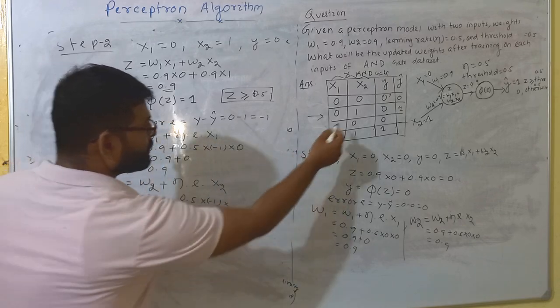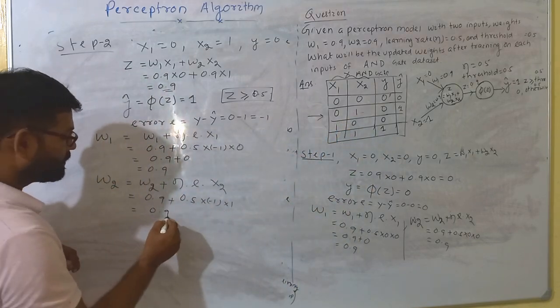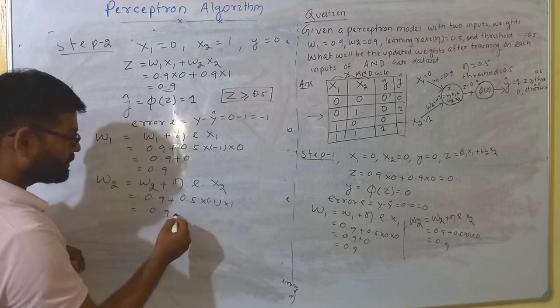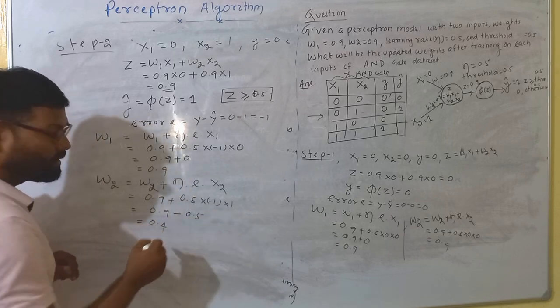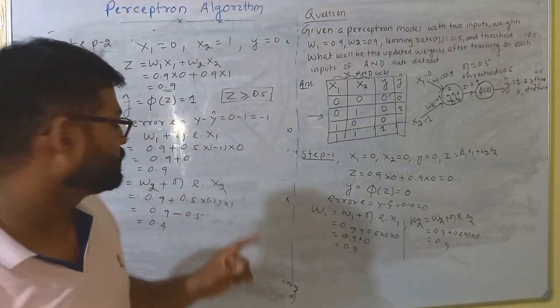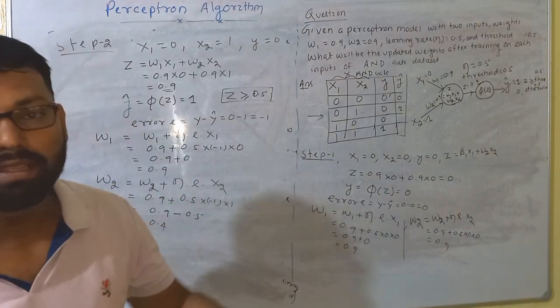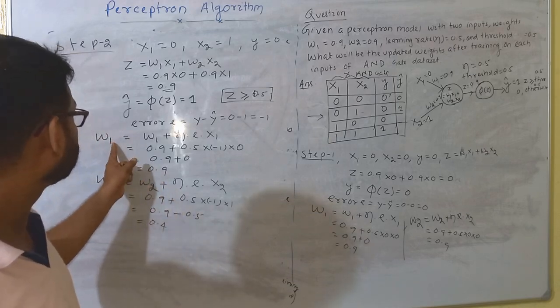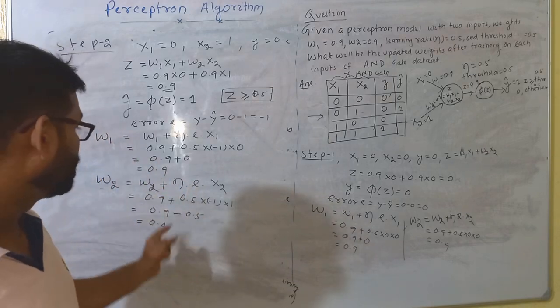X2 is equal to 1. So if you do the calculation, 0.9 minus 0.5 is going to give me 0.4. So here the update happens. These weights are going to be used in the next step. So for this step, W1 equals 0.9 and W2 equals 0.4.